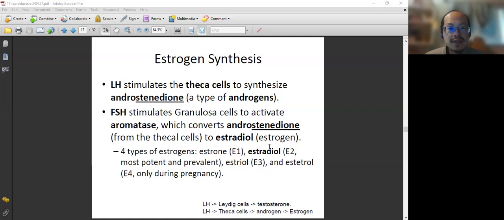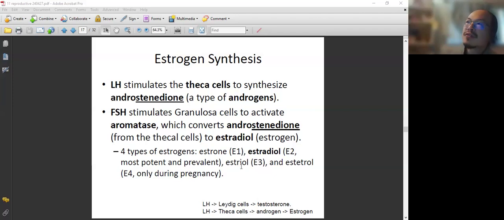So the androstenedione will be transported to the neighboring granulosa cells, then granulosa cells convert it into estrogen. In humans, the main one is called estradiol. It's an estrogen, a female sex hormone.